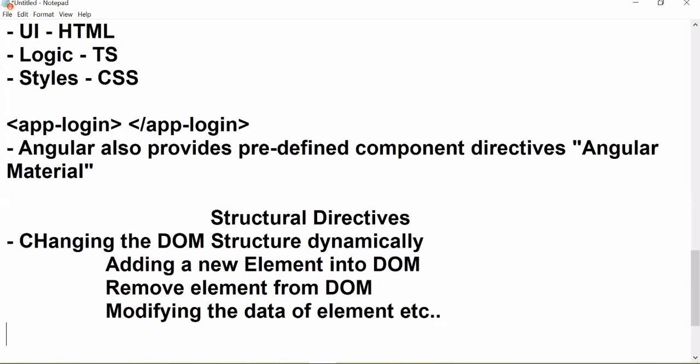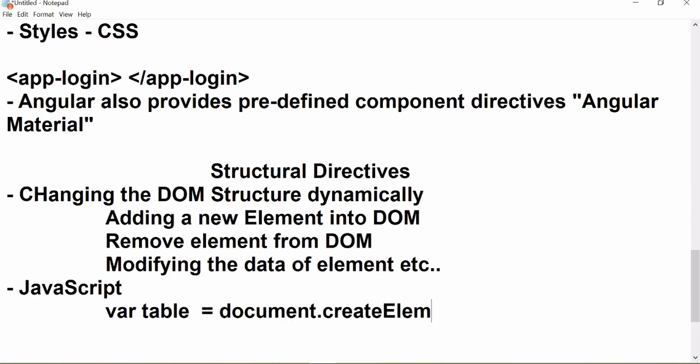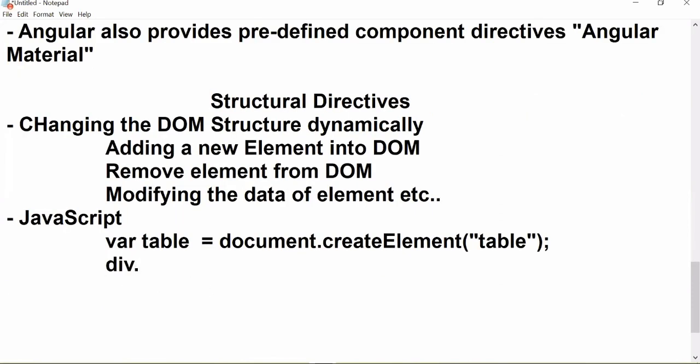Suppose I want to create an element and add it into the DOM, then you know that we have to write table is equal to document.createElement('table'), and we need to add this into some div, so div.appendChild, you know all this. So we have to create and add the elements dynamically.